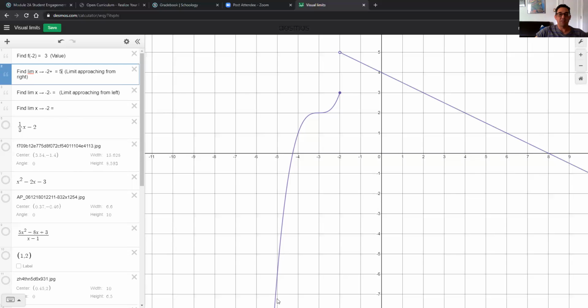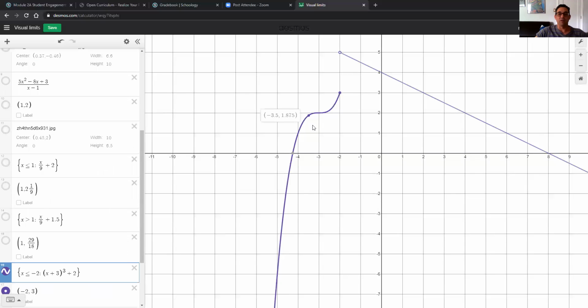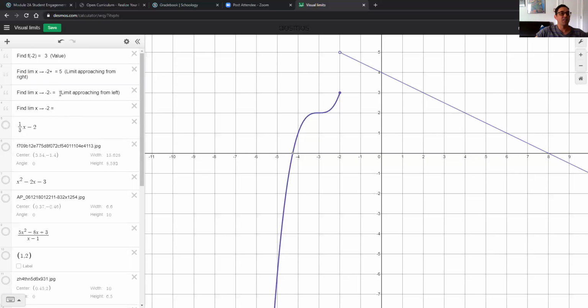But negative 2 minus means someone else is driving in from this road, and they're going to end up at 3. So that's the limit approaching from the left. Negative 2 minus, that limit is 3. So the overall limit at negative 2 is, if these two are the same, you just copy it. If these are different, the overall limit asks, do these roads go to the same place?